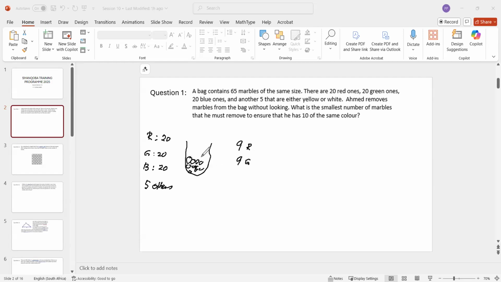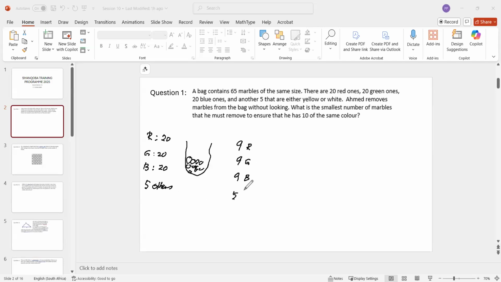And then he doesn't take any further green. So he's still not achieving the purpose. Or you can take 9 blue. And he still would not have got 10 of the same color. And then you can take all these 5. None of them will have 10 of the same color, obviously, yellow and white.